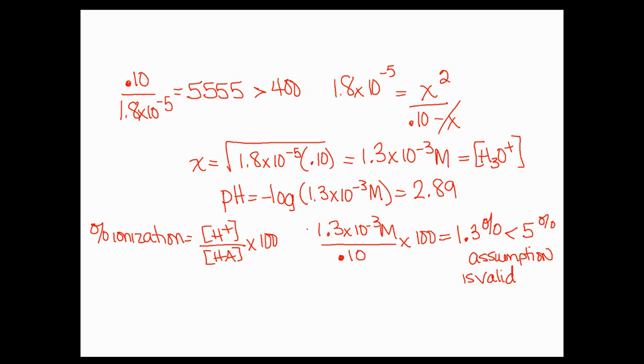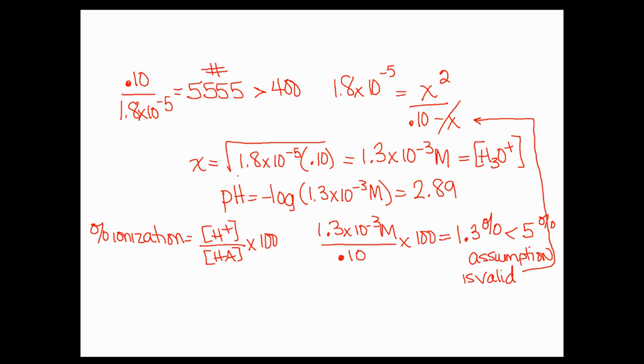Meaning that the acid isn't very ionized, and so we could make this assumption, and if I can get up there, oh my goodness, that's brave of me. We can feel comfortable that we can cross that X out, okay? And then this shortcut, I know seems a little random, but it's really based on looking at this assumption that it's less than 5%, and so this number here will be greater than 400 when that's true.